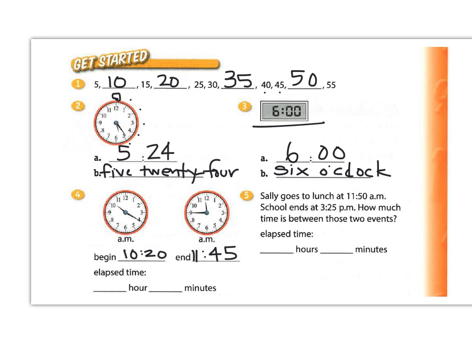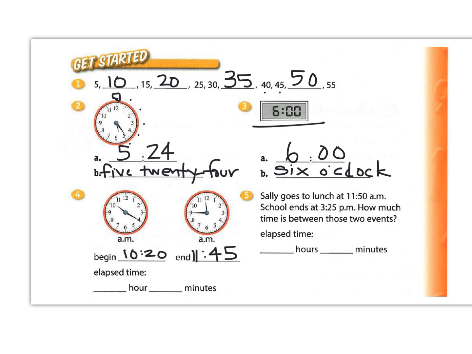So the elapsed time. Now you can do this a number of different ways. I like to use one clock sometimes. Sometimes people like having the 2 clocks. But I look and I can see that from 10:20 to 11:20, that is exactly 1 hour.